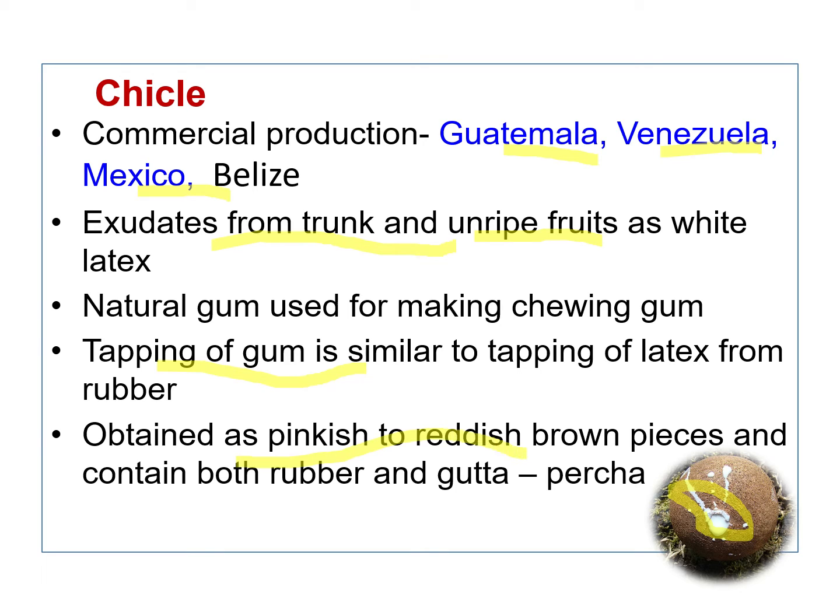Obtained as pinkish to reddish brown pieces, and this contains both rubber and gutta percha. Rubber and gutta percha both are similar compounds, but gutta percha will be less elastic compared to rubber. So this chicle contains both rubber and gutta percha.